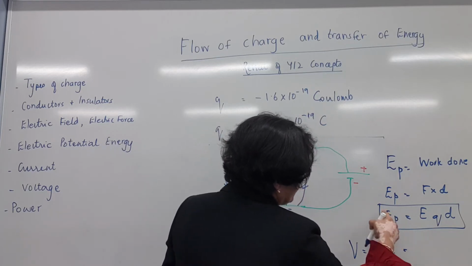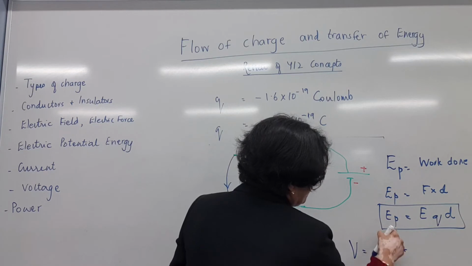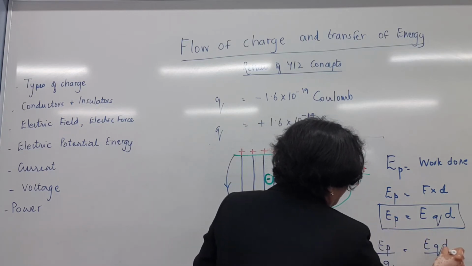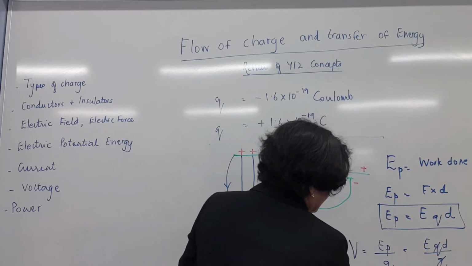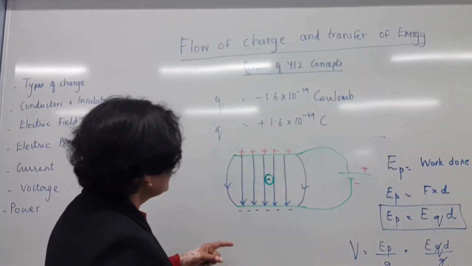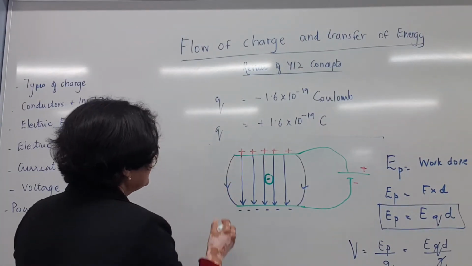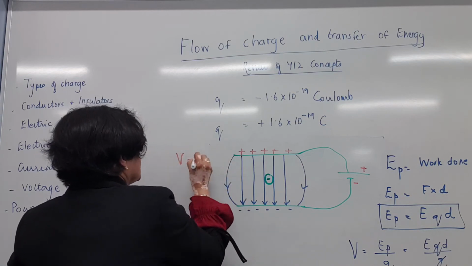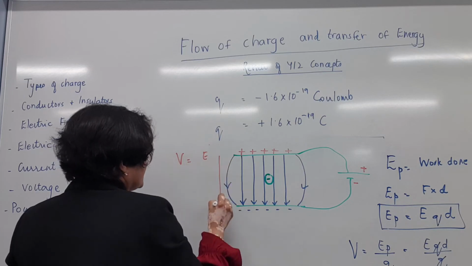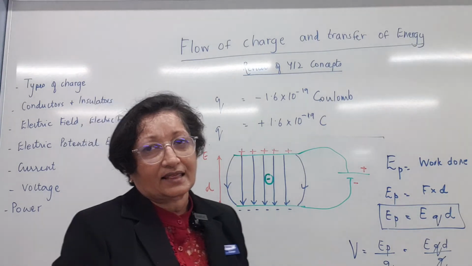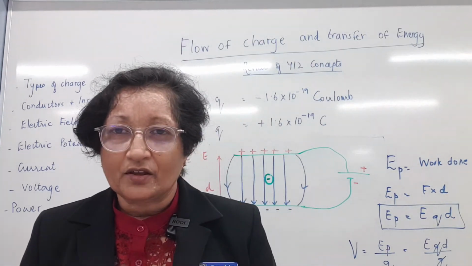And so if you divide both sides by Q, so I just divided this by Q, if I divide the other side also by Q, you end up with an equation for voltage which is equal to E times D. So that's how you get voltage, or in other words, the voltage across these two plates, the potential difference. This voltage is equal to electric field strength times D, and what does the D stand for? It's the distance between the plates, or the distance that the charge moves, okay?